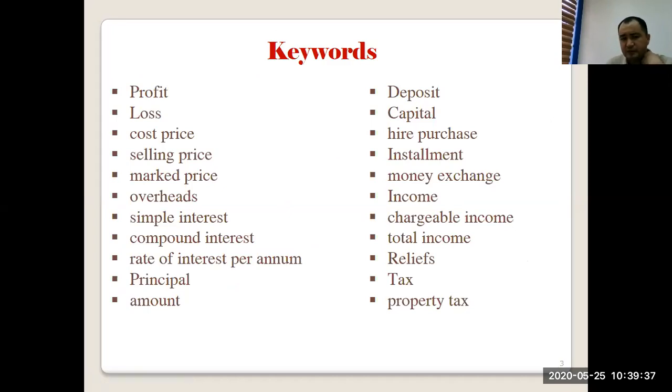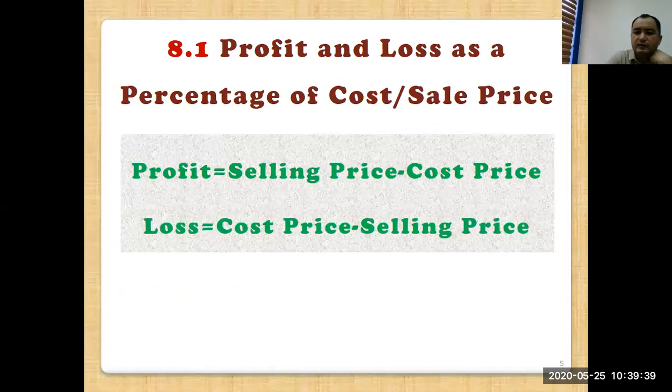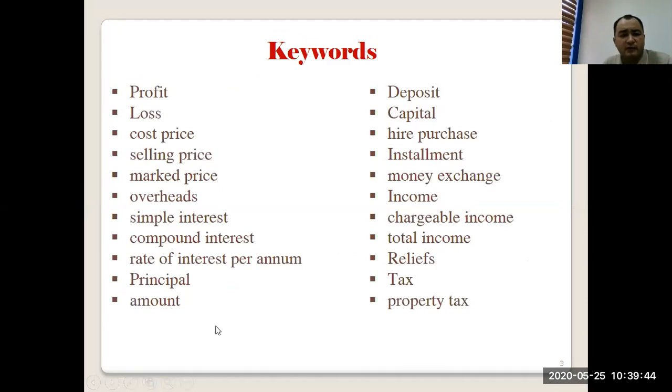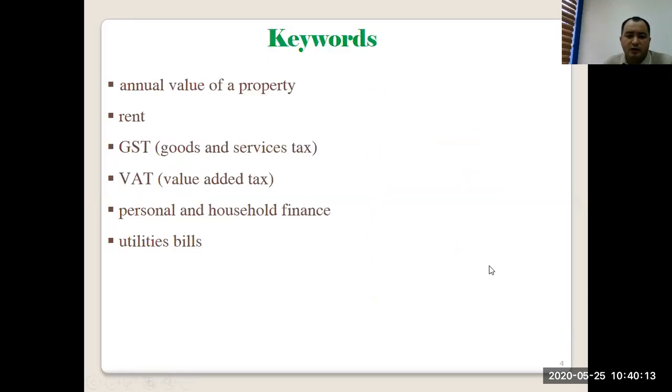Keywords. Throughout this chapter, you are going to see these keywords frequently. Profits, loss, cost price, selling price, market price, overheads, simple interest, compound interest, rate of interest per annum, principal, amounts, deposit, capital, hire purchase, installment, money exchange, income, chargeable income, total income, reliefs, tax, property tax, and the annual value of a property.